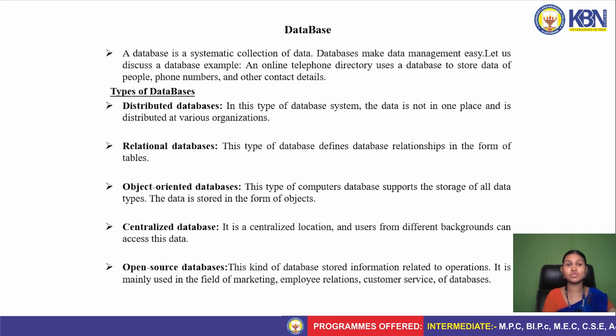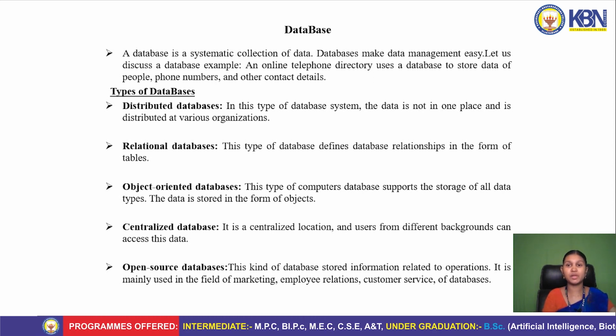In this, we have several types of databases. First one is a distributed database. This database is not in one place. You have to distribute it across various organizations. Next one, relational database. This database is formed in tables only. And next one, object oriented database. This database supports the storage of all data types.